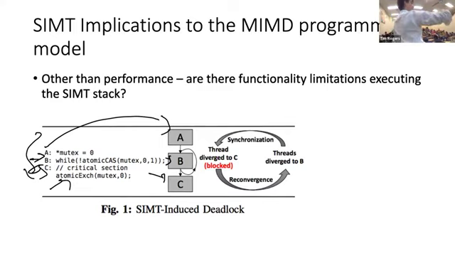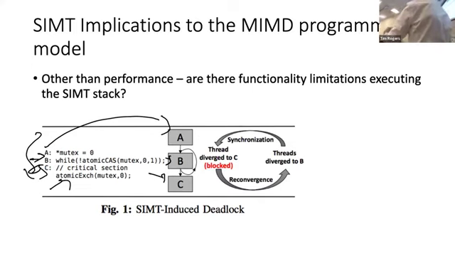But the code is structured such that they never will, right? Because as soon as one thread in your warp grabs the mutex, it gets to the reconvergence point, and then it gets kicked in the shins and is told you have to wait.